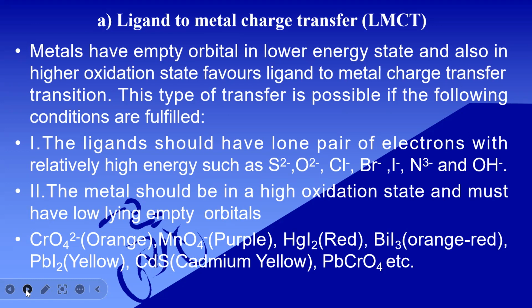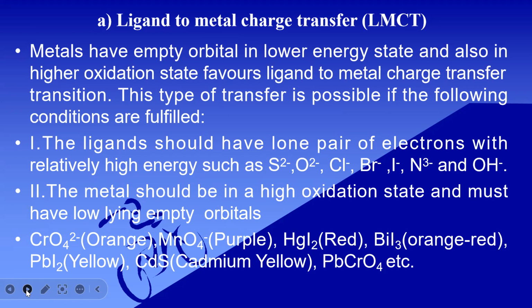Metals have empty orbitals in low energy state and also in higher oxidation state. This favors ligand to metal charge transfer transition. This type of transition occurs if the following conditions are fulfilled.